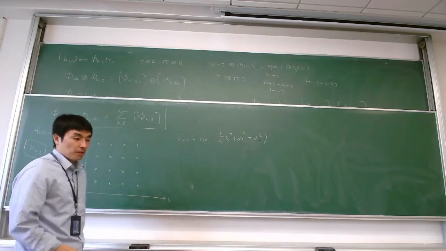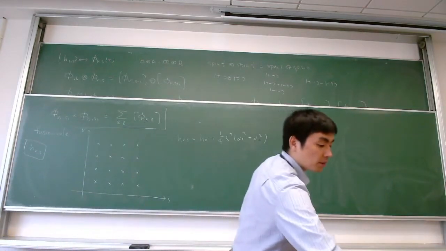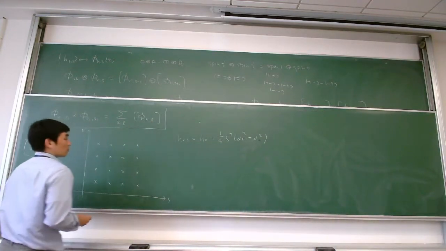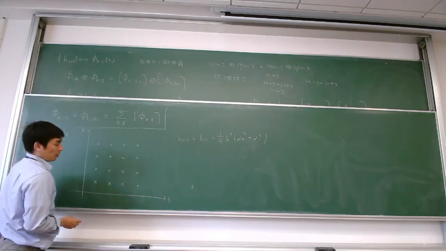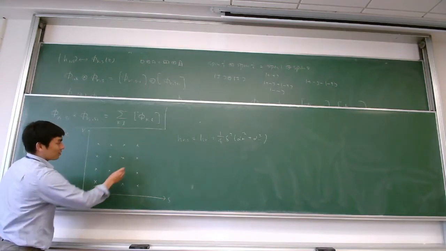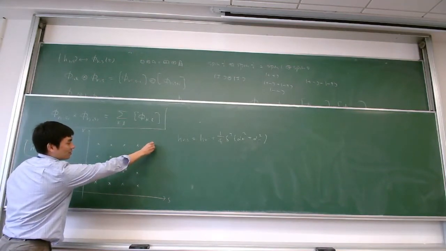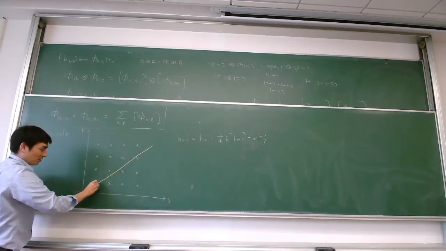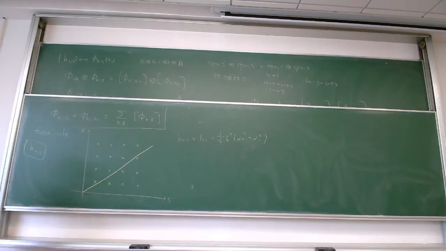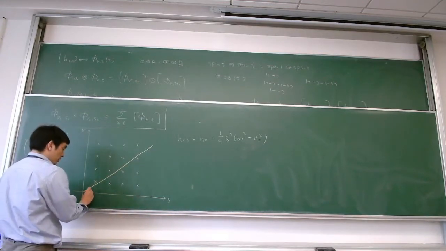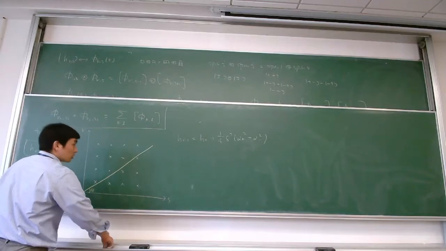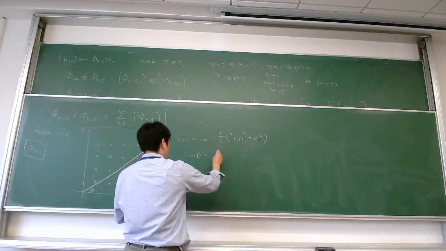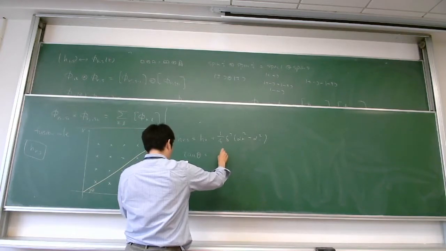Then I take the following slope, theta. Tangent theta is indeed alpha plus divided by alpha minus.